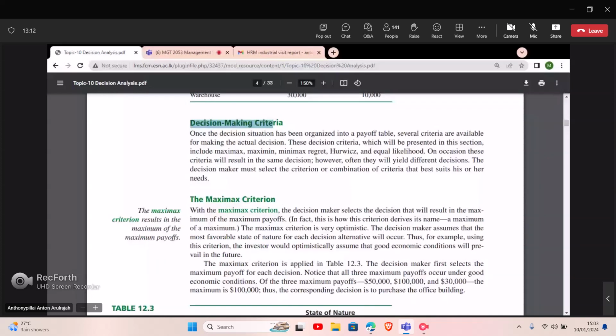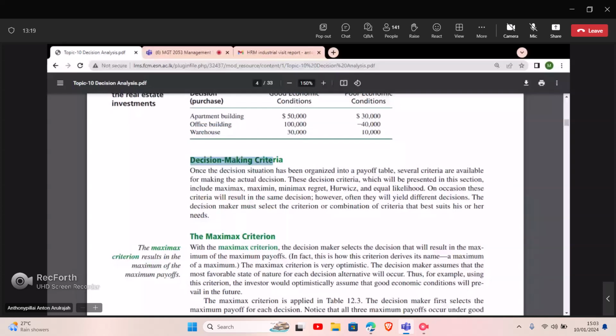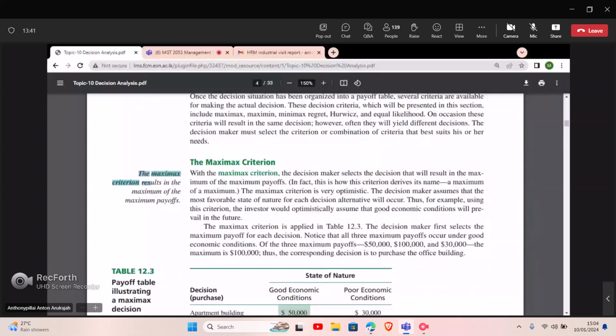One of the decision criteria is maximax. The maximax criterion result is the maximum of the maximum. Now you will see what the maximax criterion is.